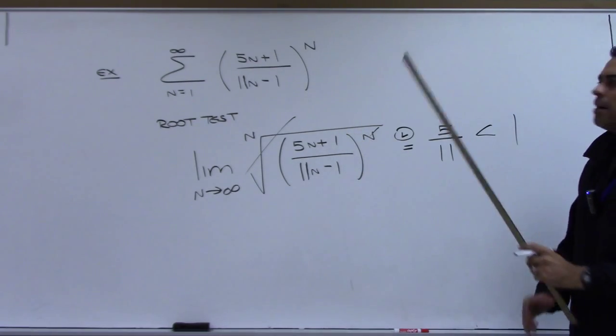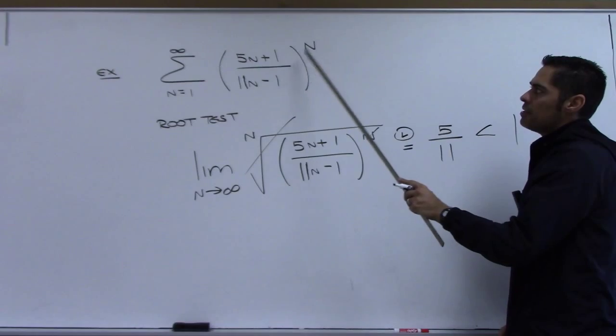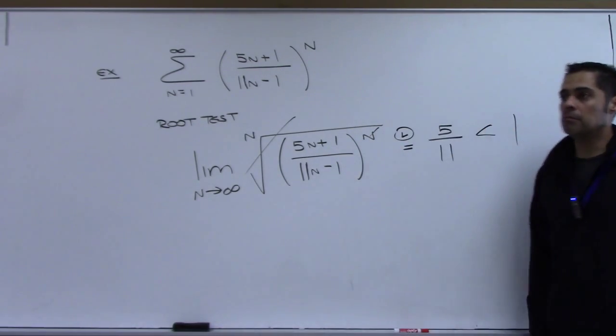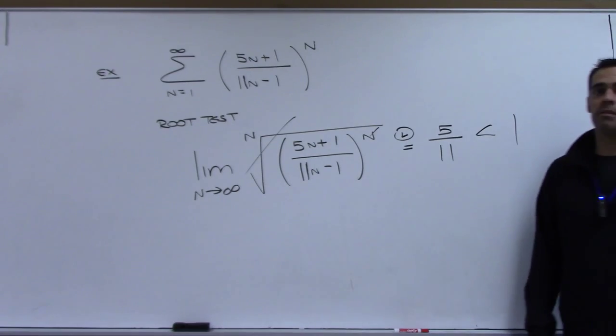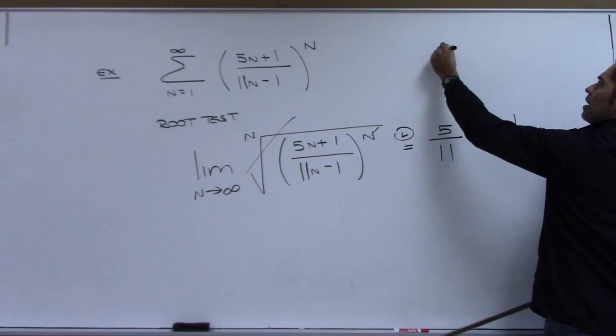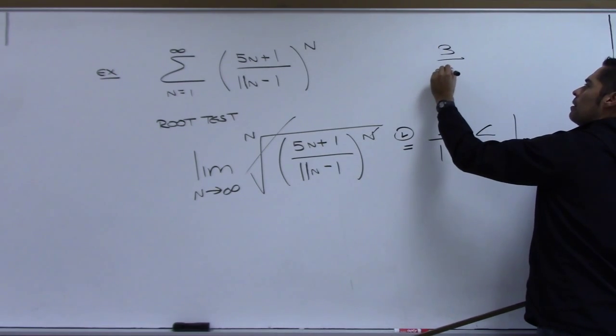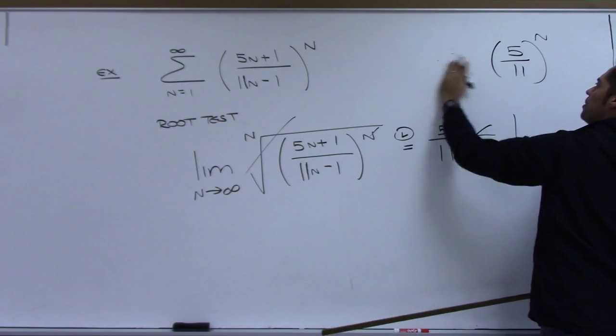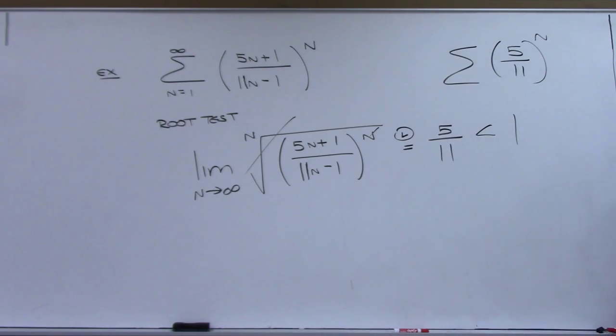That's kind of weird because you would think maybe that would diverge because that gets bigger and bigger. Just like geometric. Look, if I did 5/11ths to the n and told you that was a series, you would tell me that's a geometric series, and it would converge because r is 5/11ths, which is less than 1, right?